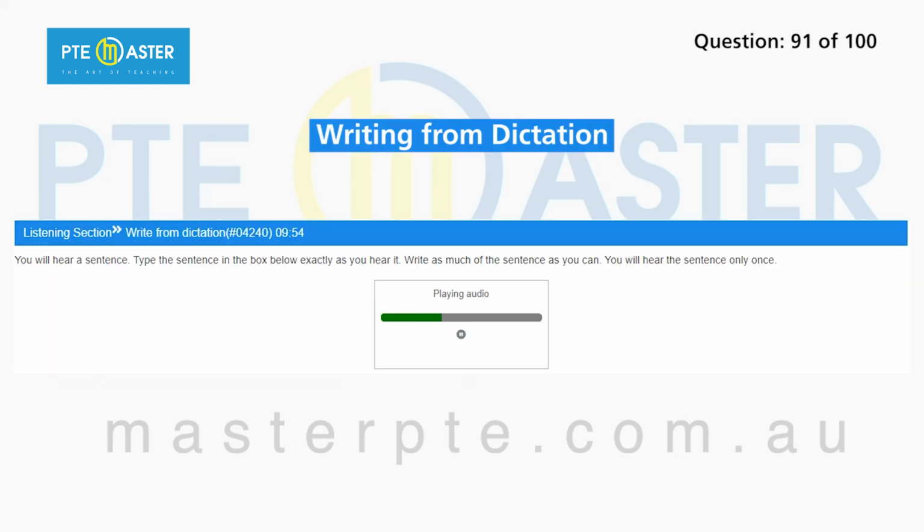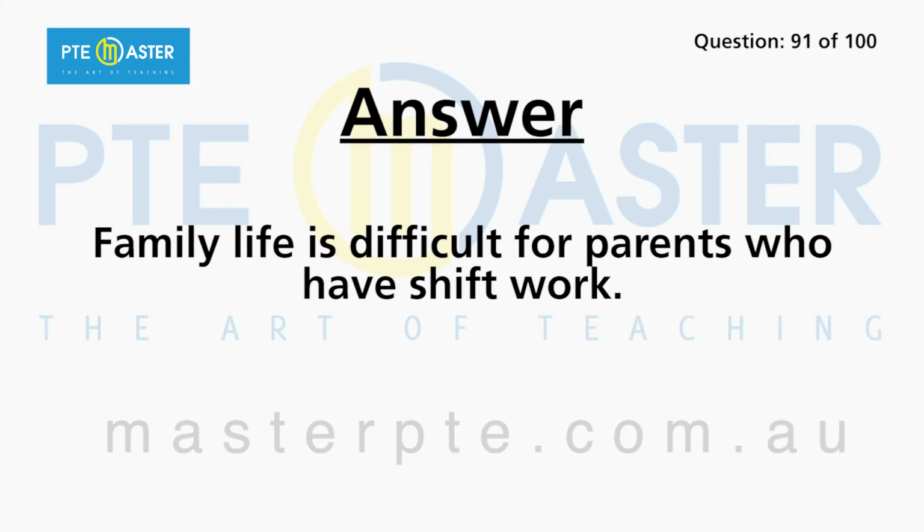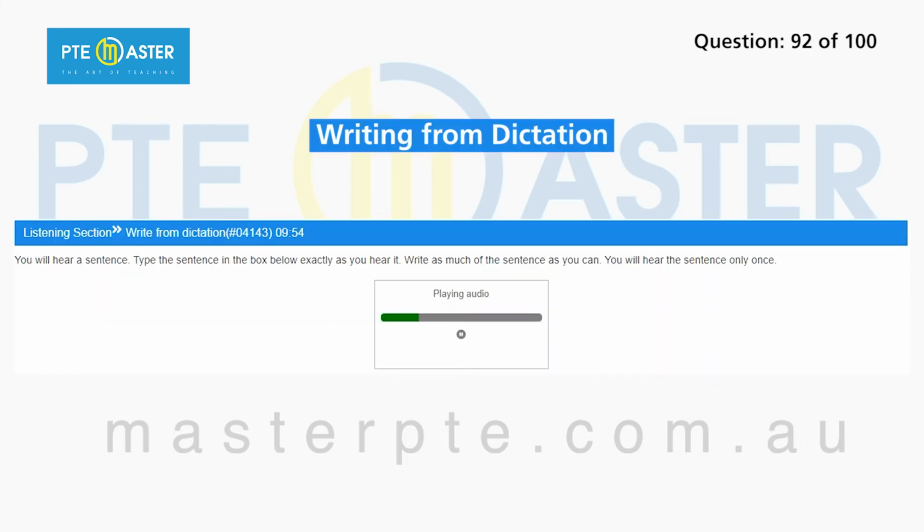Family life is difficult for parents who have shift work. A rise in sea temperature is a sign of climate change.